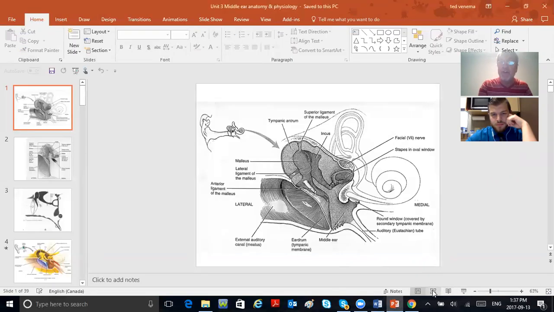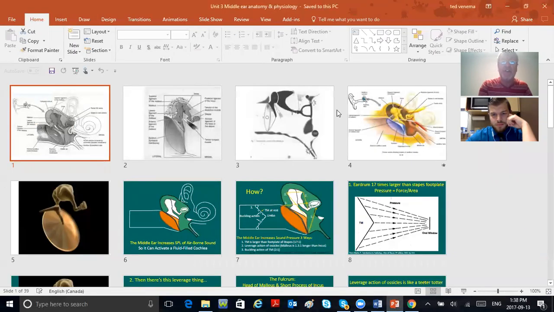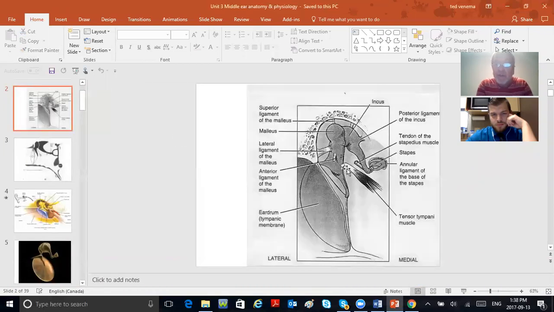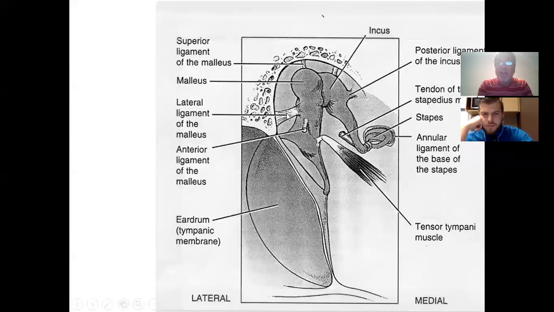Let's see if I can show a picture of the muscles. Here you go, this shows it a little bit. Here's one of those muscles. This kind of shows a little better. You can see the ligaments, and you can see a muscle here, and a muscle here.